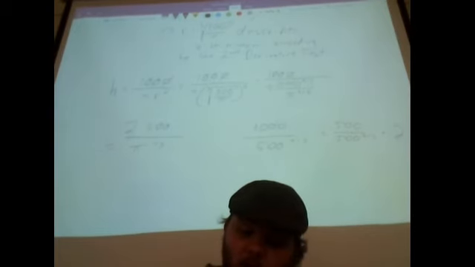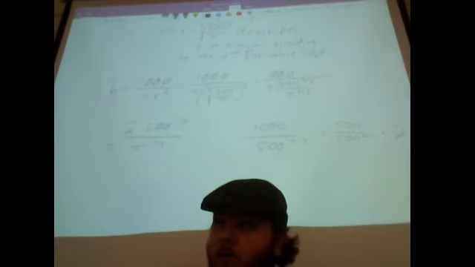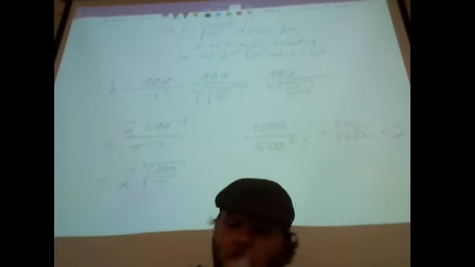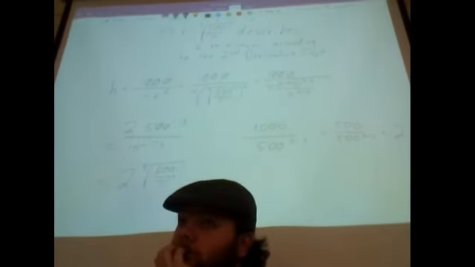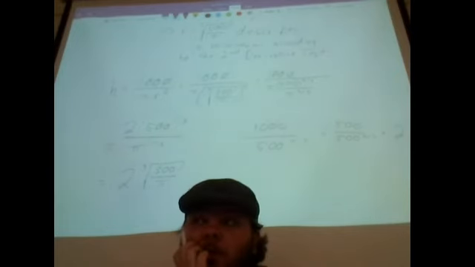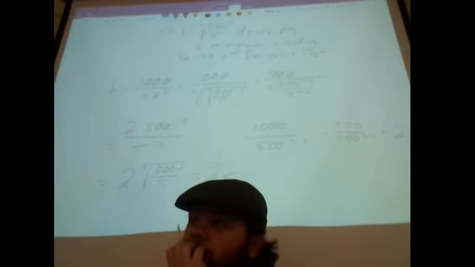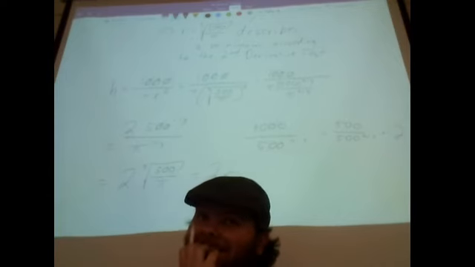Pi to the 1/3 power. So I'm left with pi to the 1/3 power on the bottom. Now I have 1,000 over 500 to the 2/3 power, or 500 over 500 to the 2/3 power times 2.